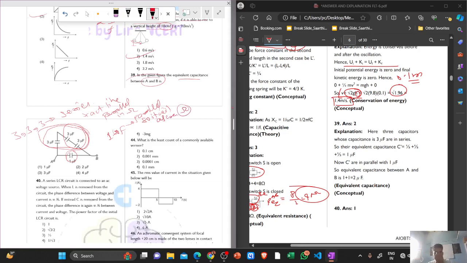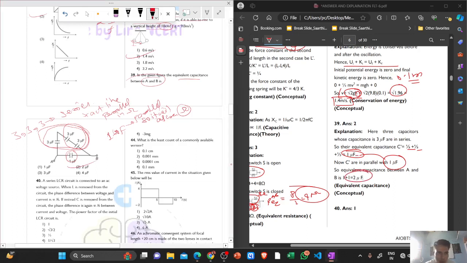Simply you need to calculate the parallel, and don't get into the writing, you just need to understand what I mean. So you can use the concept of parallel, 1 plus 1 equals 2. So the equivalent will be 3 microfarad, and the second option will be the answer.